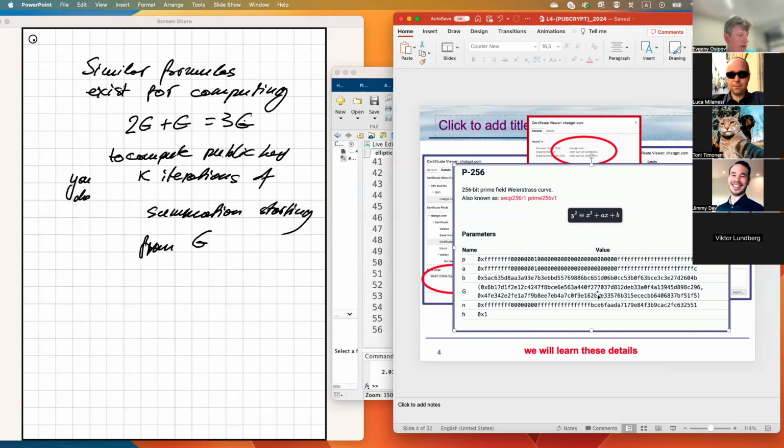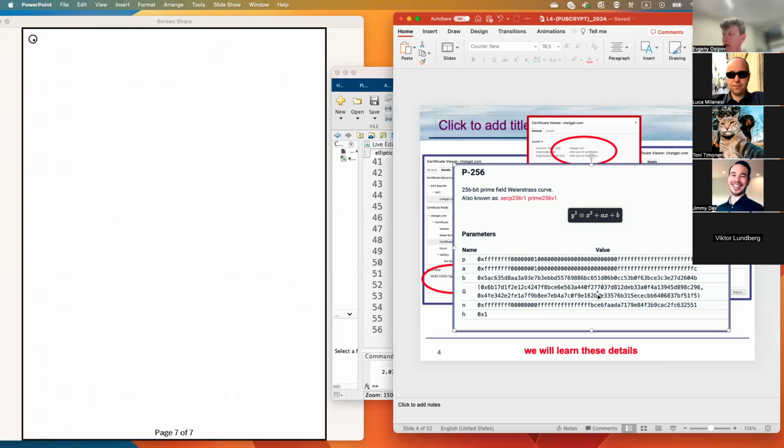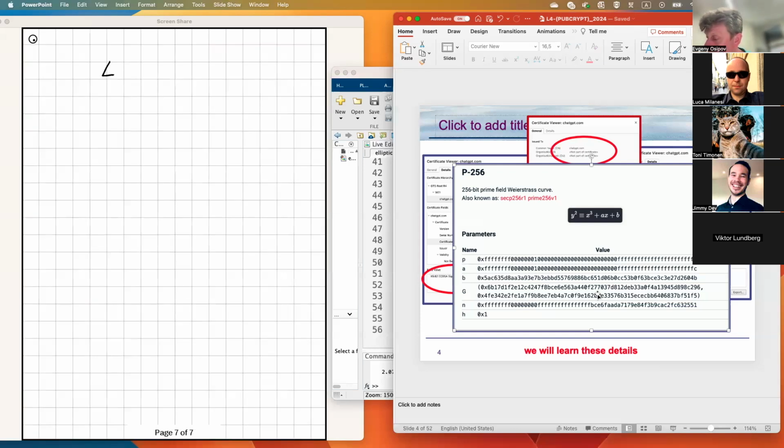Okay. Now I will conclude the picture by very briefly sketching 5 steps for creating a signature, using an algorithm called the elliptic curve digital signature algorithm.